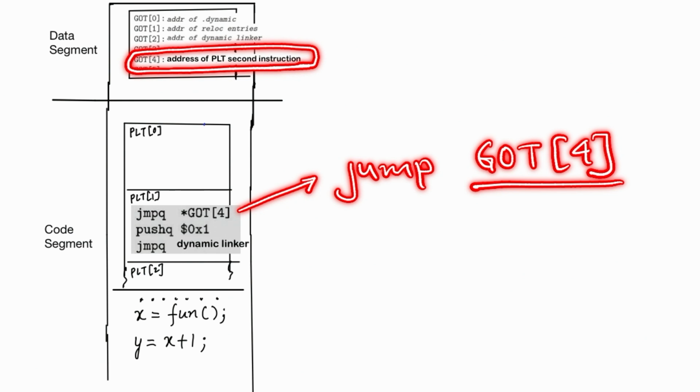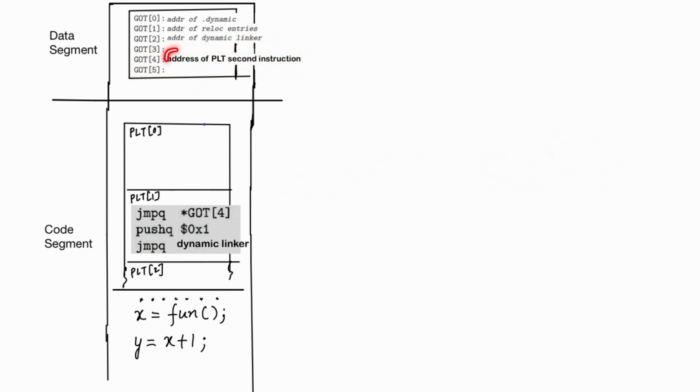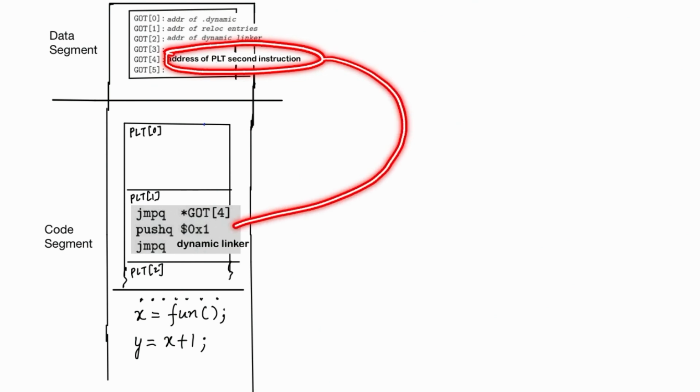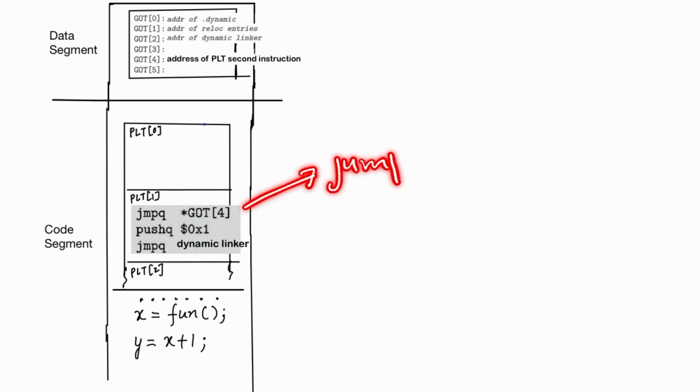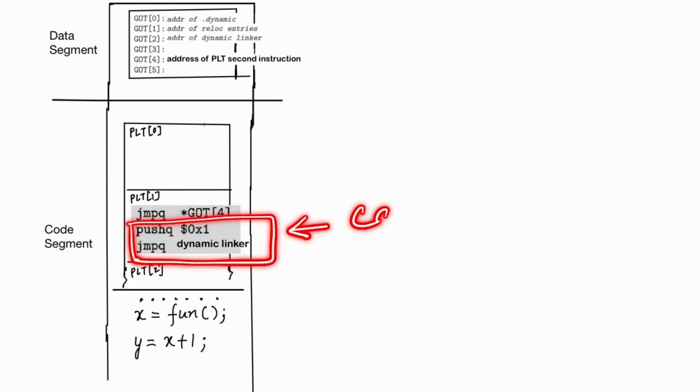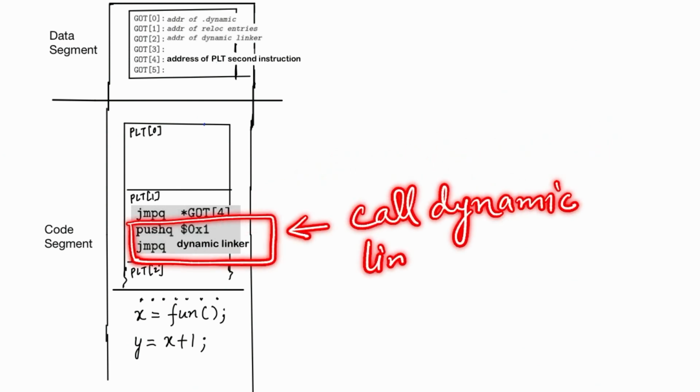What that essentially means is that the jump instruction uses the GOT entry location to jump. As you know, the initial value points to the second instruction in the PLT entry. So this jump ultimately leads to the second instruction in the PLT entry. The remaining two instructions initiate a call to the dynamic linker to resolve this function.